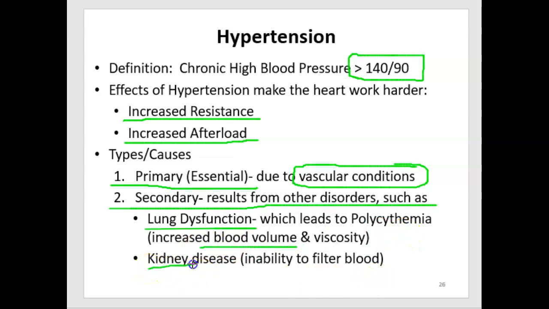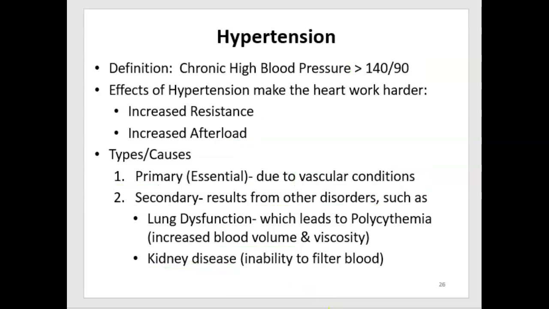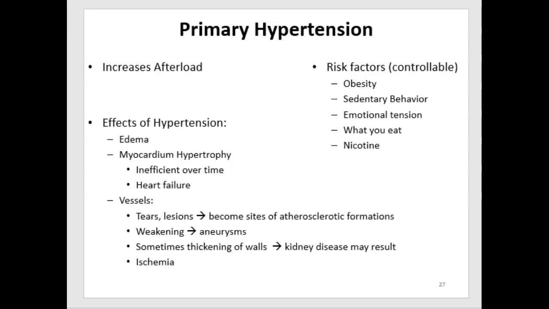And kidney disease is another example where the blood can't be filtered, and so there's an accumulation of solutes and fluid in the blood. So we'll deal with primary hypertension first.